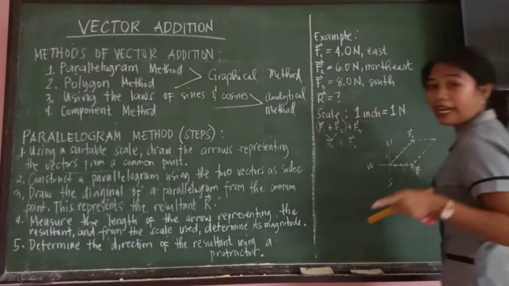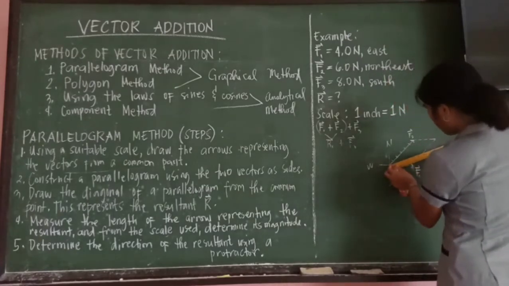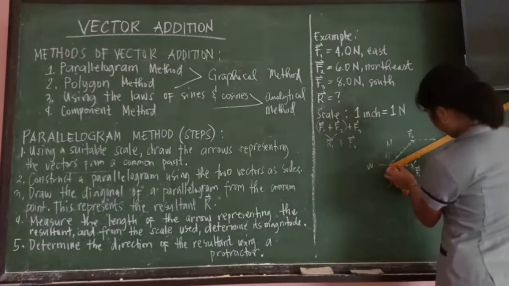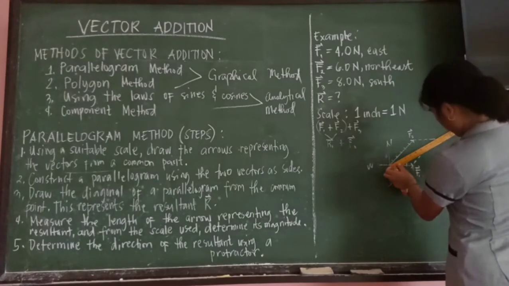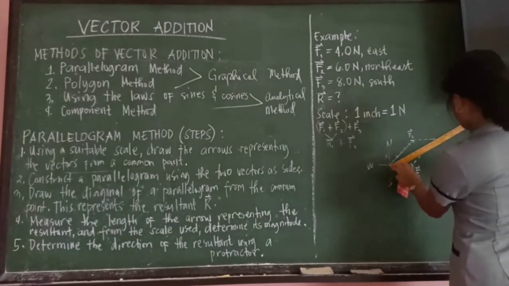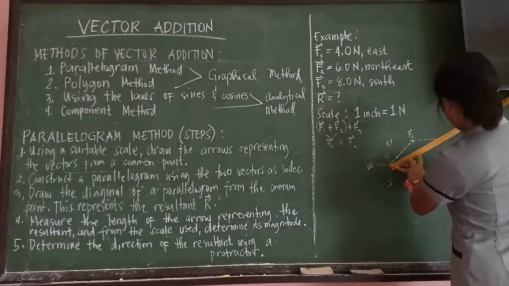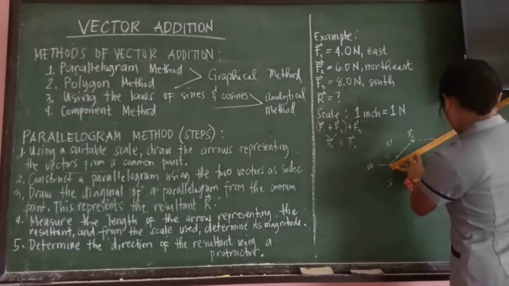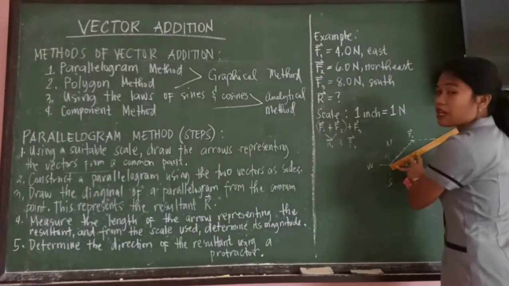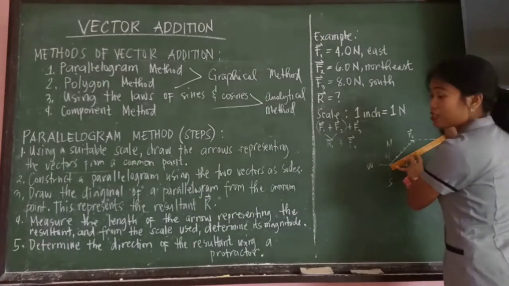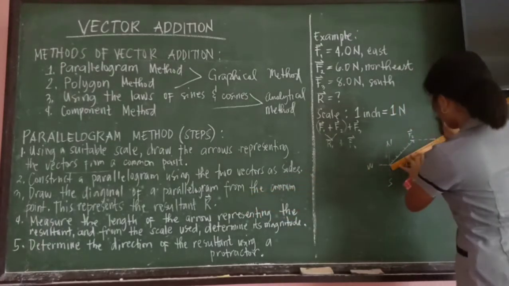Our common point again is located in the origin. Okay, so this diagonal line has to be represented by a bold line with an arrow because it is already the representation of the resultant vector.